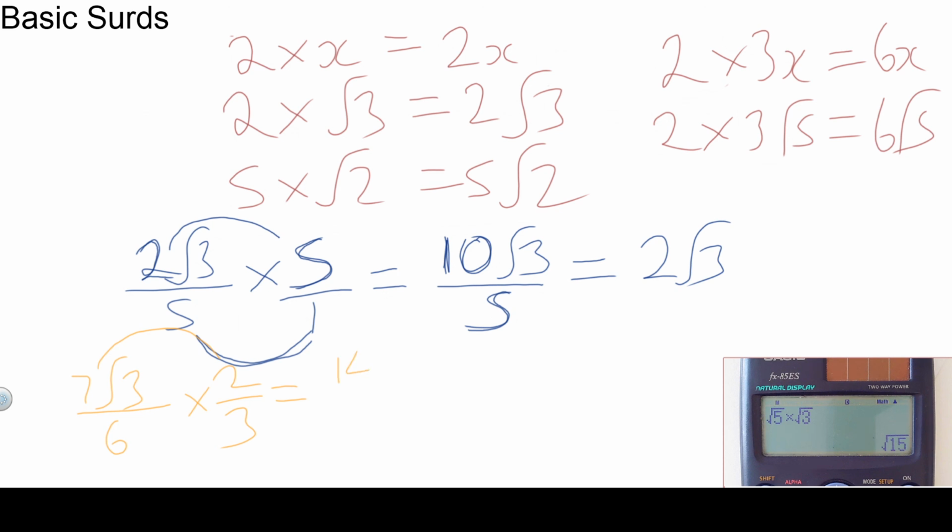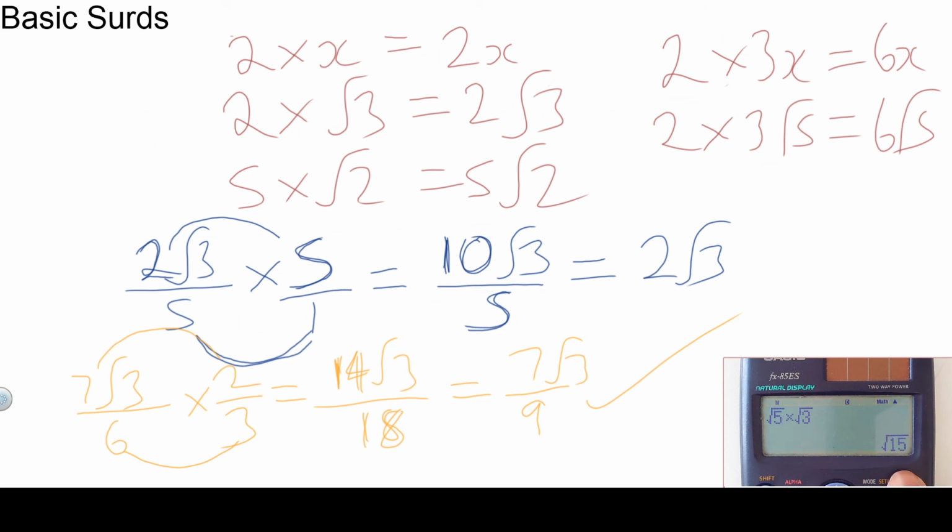So you got 14 root 3, and the denominator 6 times 3 is 18. Now that can be simplified now. The 14 and the 18 can be simplified. You can divide the top and bottom by 2. Okay, so half of 14 is 7, half of 18 is 9. So that fraction can't be simplified any further. And then just copy the root 3 across.